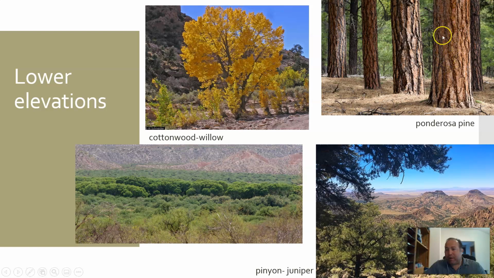Ponderosa pine, very large conifer species, really distinctive bark pattern on ponderosa pine. And then pinyon juniper, two different small conifers. Pinyons, you can get pine nuts from them.